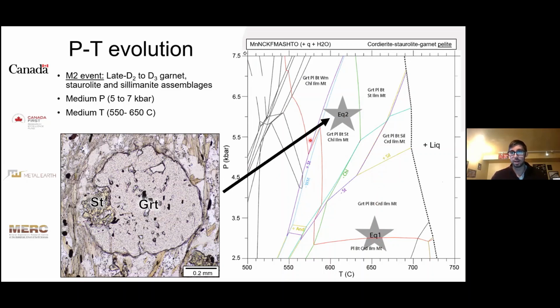This requires increasing temperatures at higher pressures. Similarly, we see the progressive growth of garnet after staurolite, and to get this progressive garnet growth, we need to be increasing temperatures at relatively higher pressures.